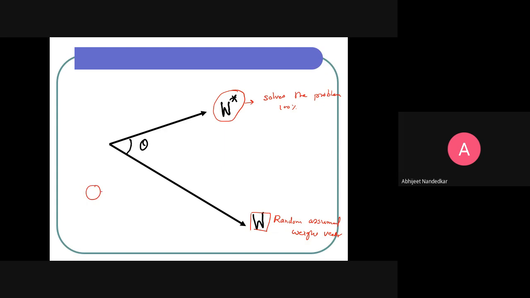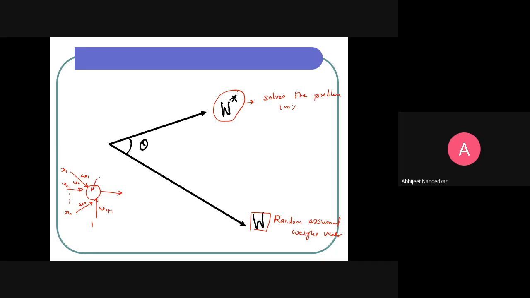So you can see, if this is my neuron with input x1, x2 up to xn, okay, so this will be w1, w2 to wn, and there will be one extra terminal for biasing purpose. So this will be wn plus 1.